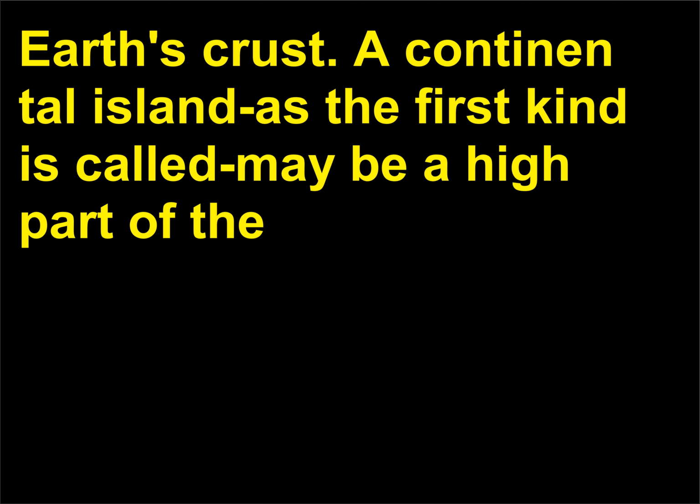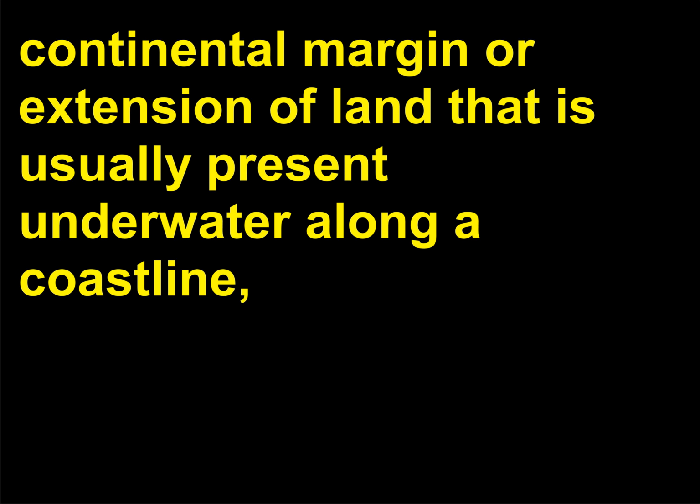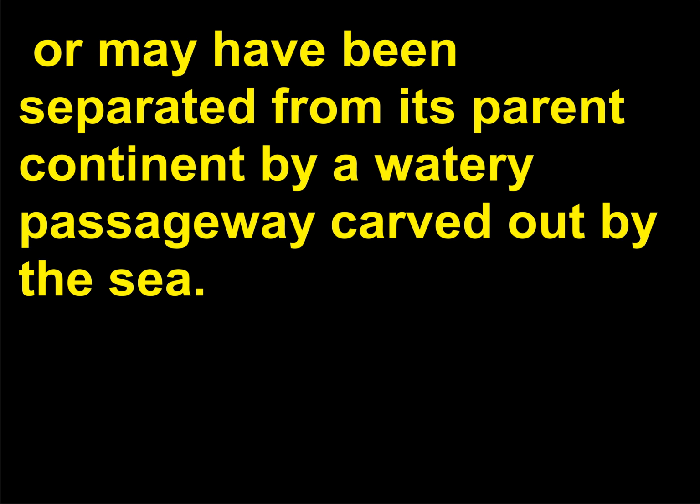A continental island, as the first kind is called, may be a high part of the continental margin, or extension of land that is usually present underwater along a coastline, or may have been separated from its parent continent by a watery passageway carved out by the sea.